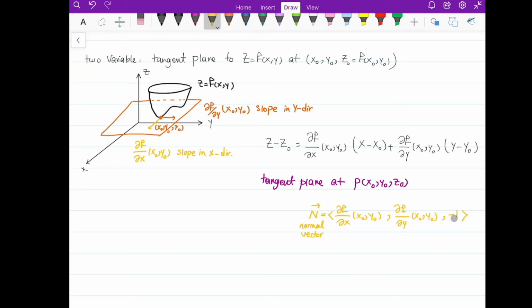You can also pick 1, but I'm going to pick -1 to get exactly the same equation. As you see, if you remember that as a normal vector, you can write the equation of the tangent plane without even memorizing that.